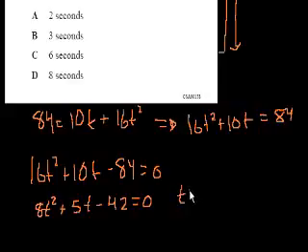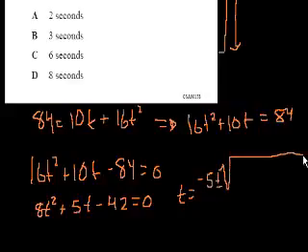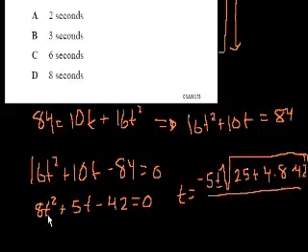So what are the solutions? t is equal to negative b, so minus 5, plus or minus the square root of b squared, so 25, minus 4 times a times c. a is 8, c is minus 42, so a negative times a negative is a positive, so let's put plus 42. All of that over 2a, and 2a is 16.